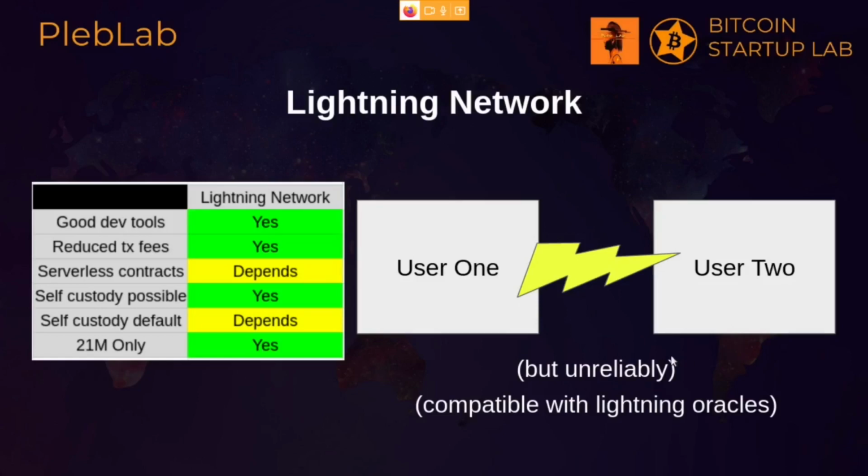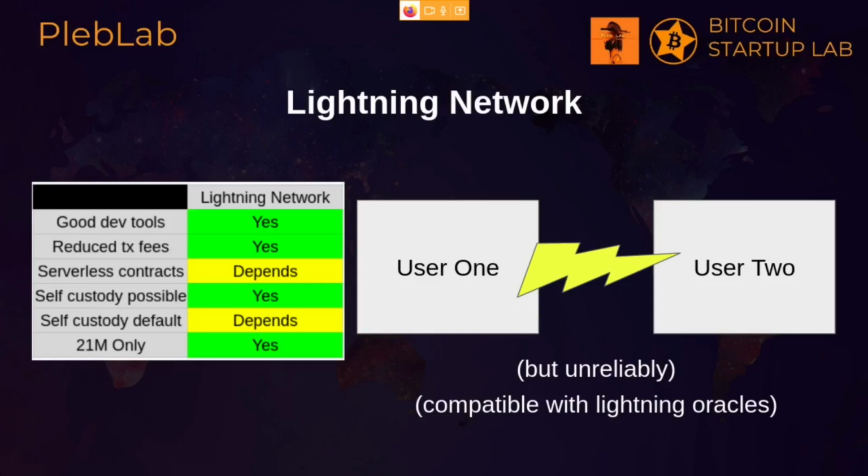So Lightning Network is great for that. You get really reduced transaction fees. Once you start using the network part, going from my channel to your channel to someone else's channel, you do get transaction fees. So far, they've been pretty low, but we'll see if they stay that way.